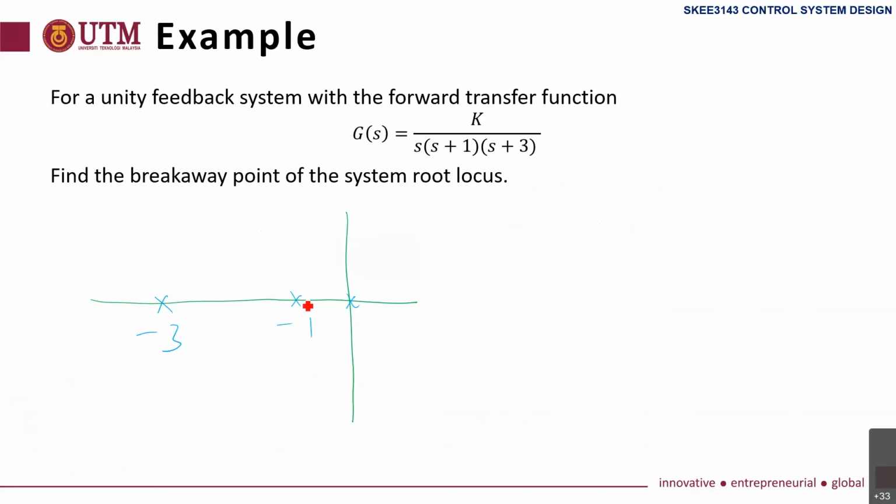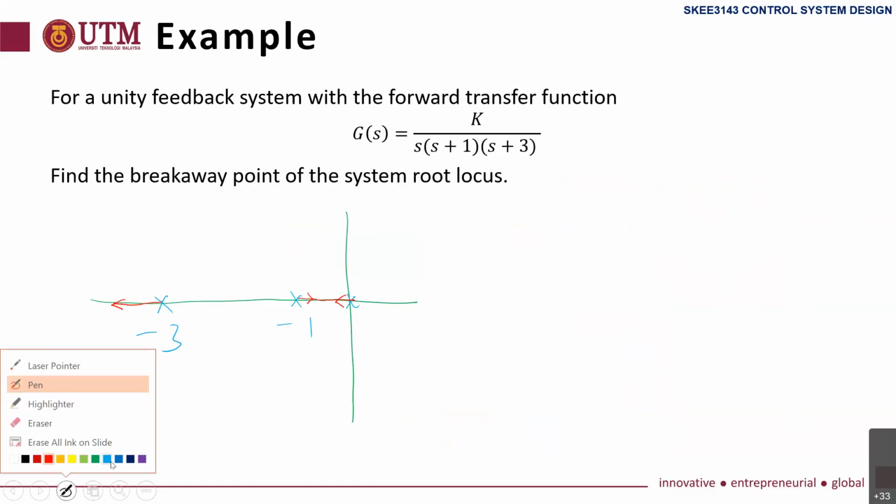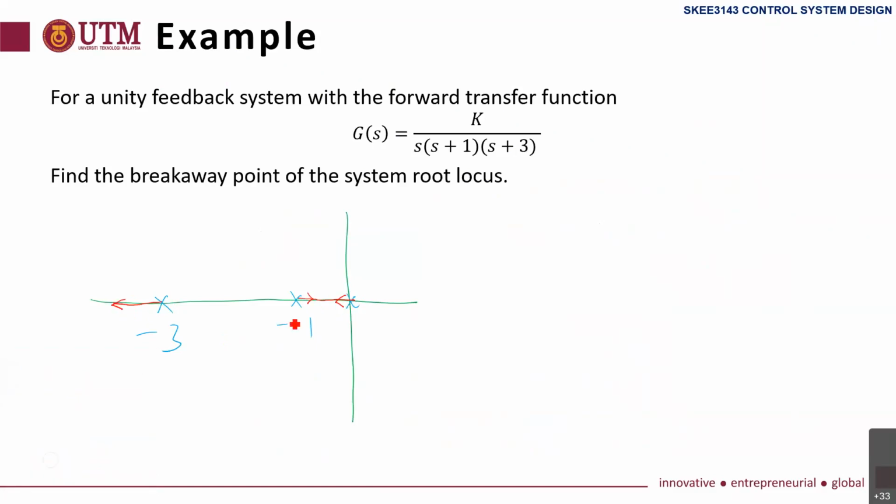Because of this, we have root locus here, poles going out, and here. We can calculate the asymptotes. Three asymptotes, 3 minus 0.